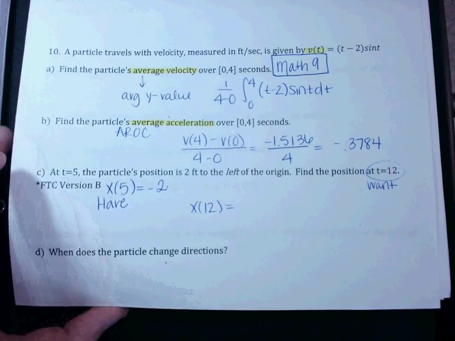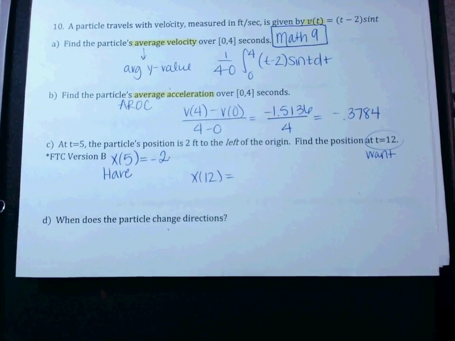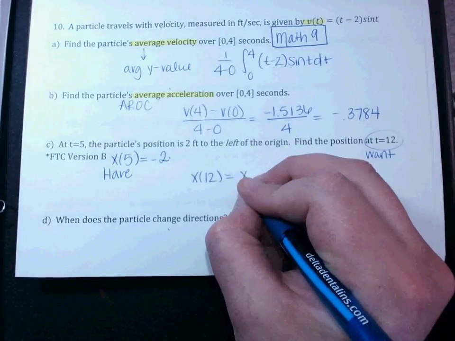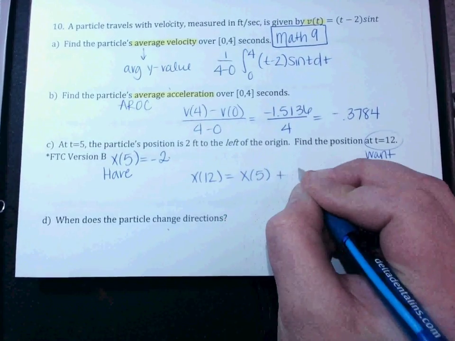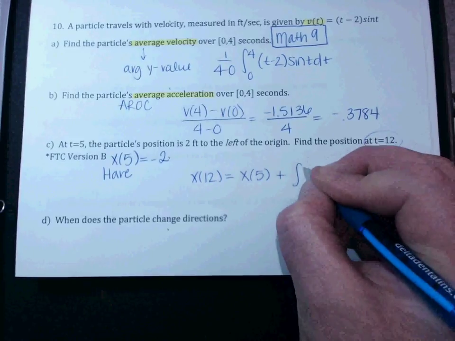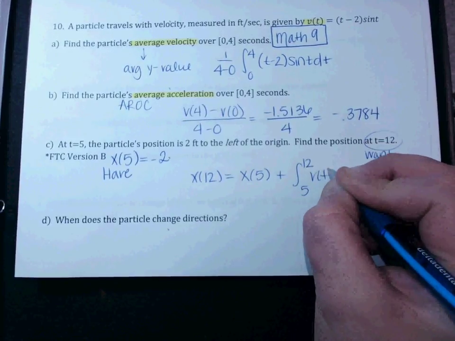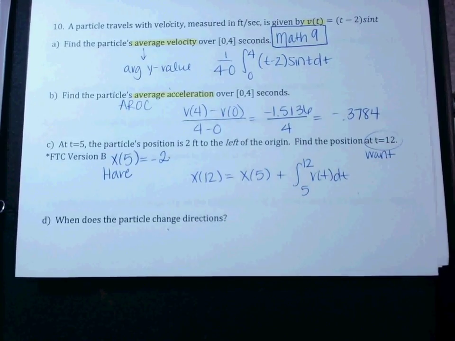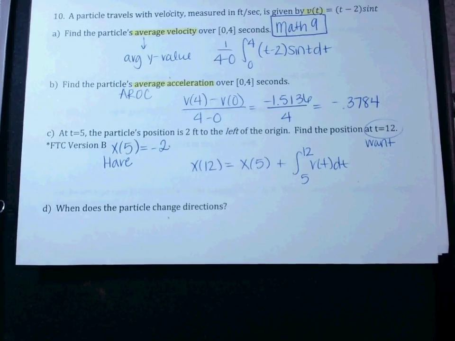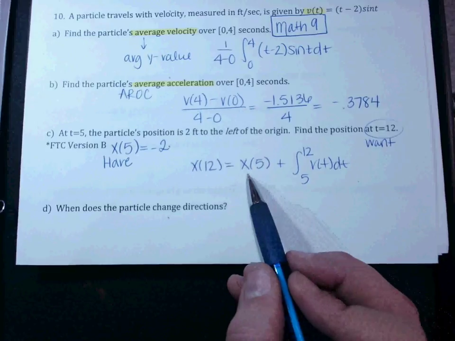So would it be integral and then 5, 12? Yep, what should you have in front of that though? X of 5 plus the integral from 5 to 12 of v of t dt. Look up if you need it. It would be x of 5 plus the integral from 5 to 12. Then we already know what x of 5 is.